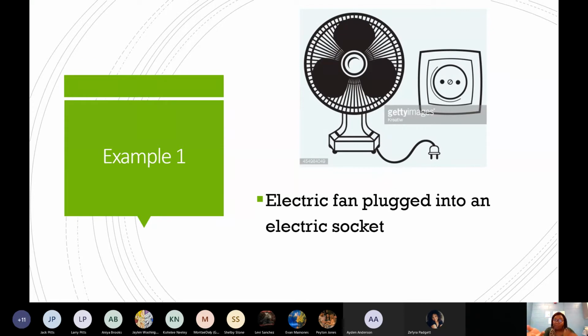So this time we're not using a battery and a light bulb. We're using an electric socket and a fan. We still have that conductor here. We still have that copper wire in our cord.